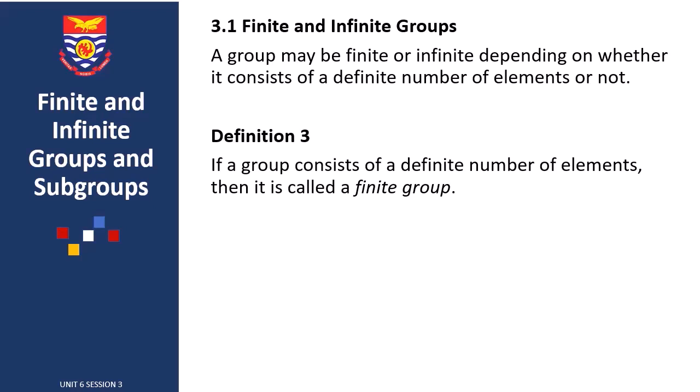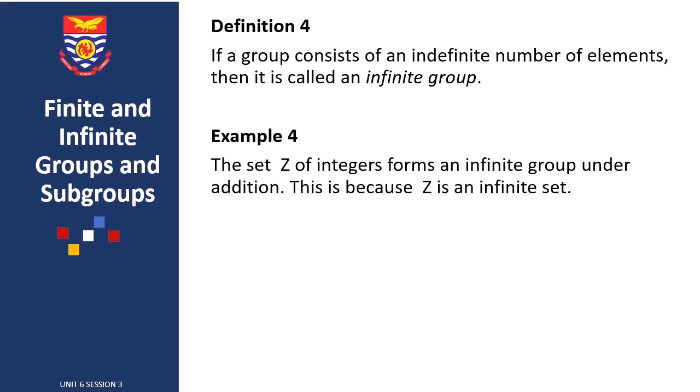And if the number is indefinite, we say it's infinite. Definition 4. If a group consists of an infinite number of elements, then it is called an infinite group. A typical example is that the set of integers forms an infinite group under addition. This is because Z is an infinite set.